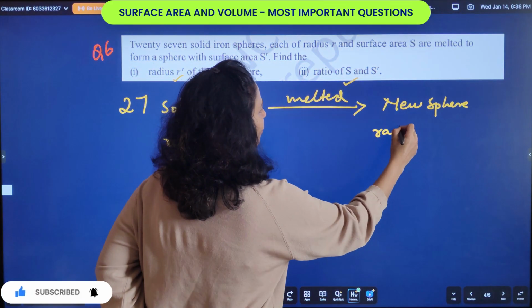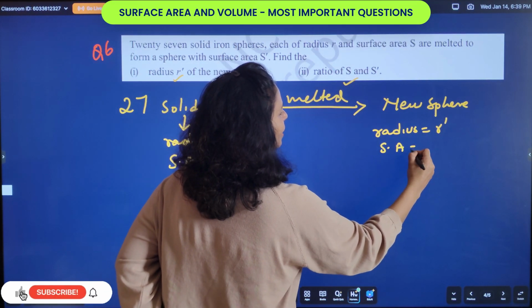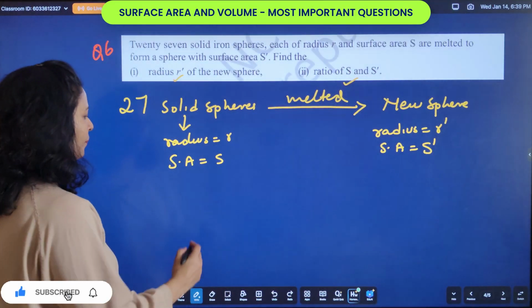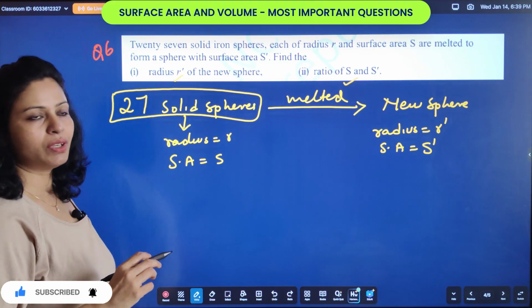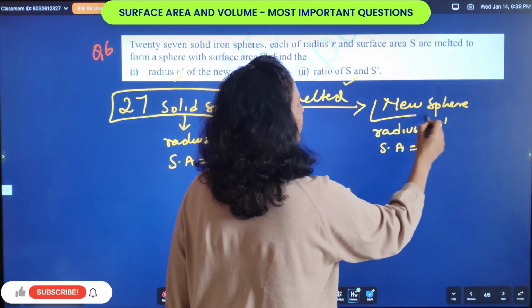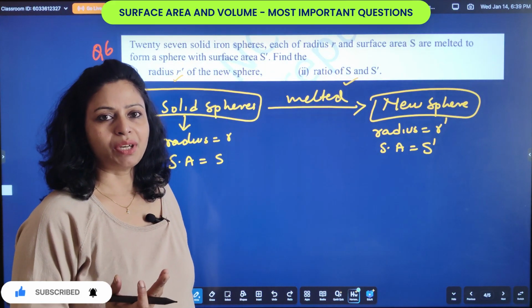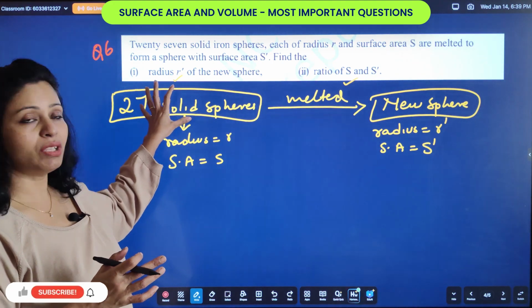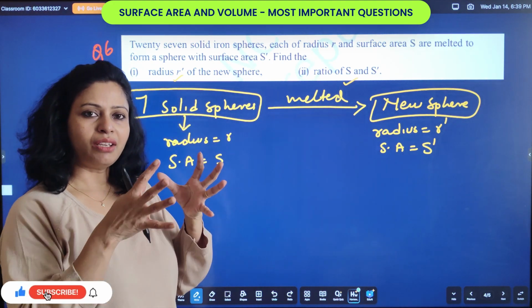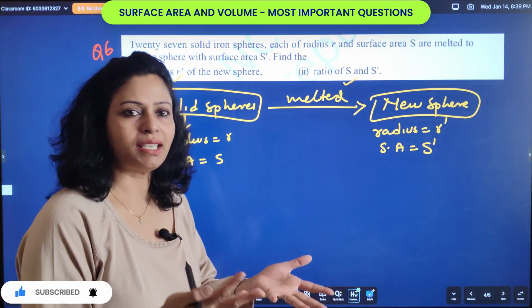Here radius of the new sphere let's be considered as r dash, and surface area we consider as s dash. Okay, so when these 27 solid spheres have melted and formed into a new sphere, the volume remains the same, right? The same material, the amount of these 27 solid spheres they have taken and melted and made a new sphere. So overall if you see, the volume remains the same, right?